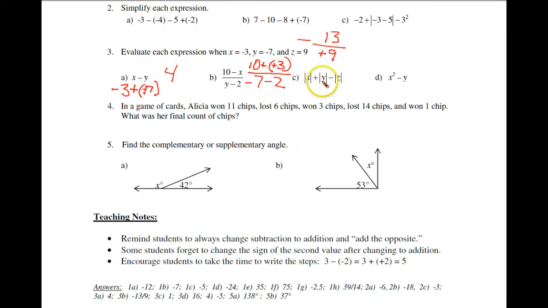Now, notice these are in their absolute form. So again, write it out. The absolute value of negative 3 plus the absolute value of negative 7 minus now the absolute value of 9. We haven't used 9 yet, have we?